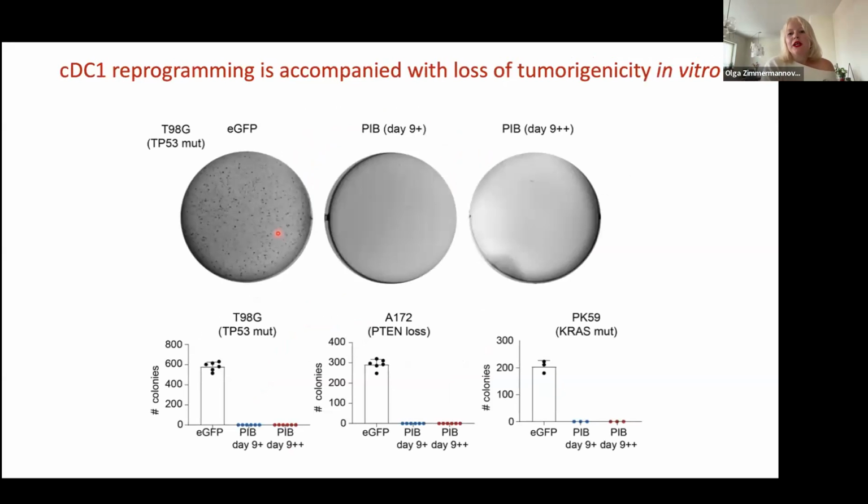And since I'm talking all the time about reprogramming of cancer cells, it's also important to mention that the adoption of cDC1 identity was accompanied by loss of tumorigenicity. Here you see in vitro the soft agar assay, where the reprogrammed cells were no longer able to generate colonies, unlike the non-reprogrammed, only mock-transduced cells.